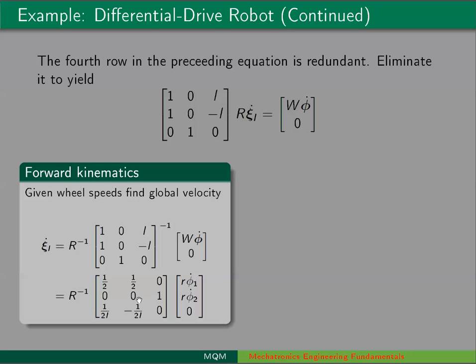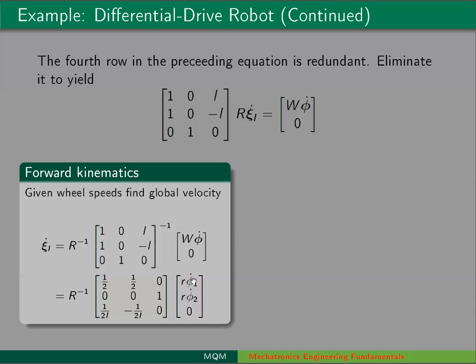Y dot is the second row, so y dot is equal to 0. So that's the y dot R. So the velocity in the robot y direction is 0. So that is the constraint applied by the second row. And then theta dot is the difference between 1/2 r phi dot 1 and 1/2 r phi dot 2.